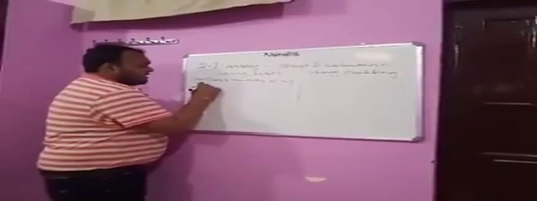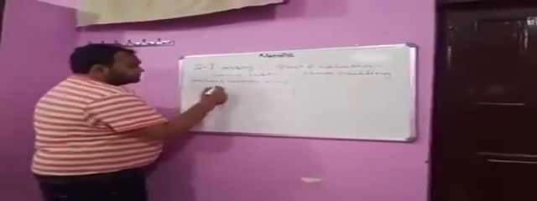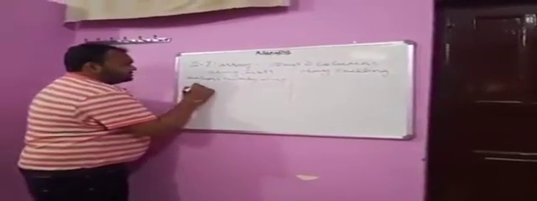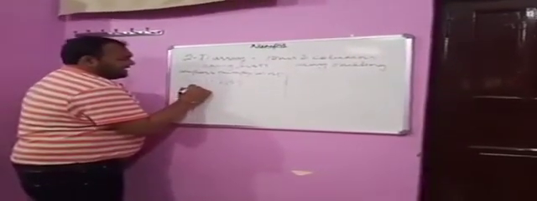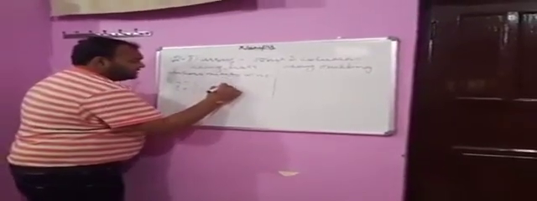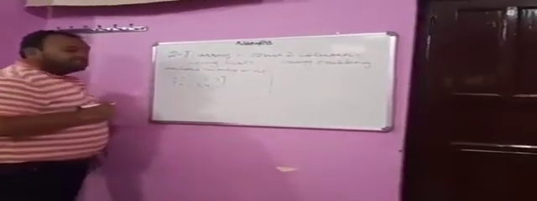Now you have defined two lists. L1 is equal to, suppose I take 1, 2, 3. I will take L2 as 3, 4, 5. These are big braces, not small ones.